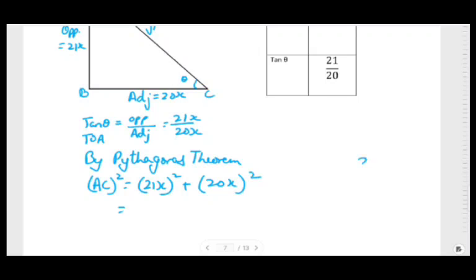So 21 into 21 is 441. So it's 441x square plus 400x square, correct?